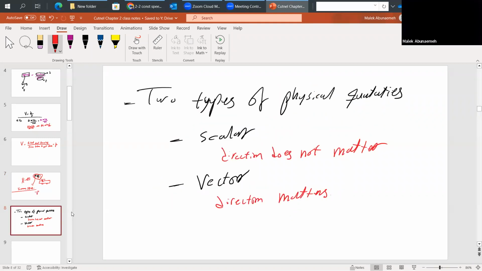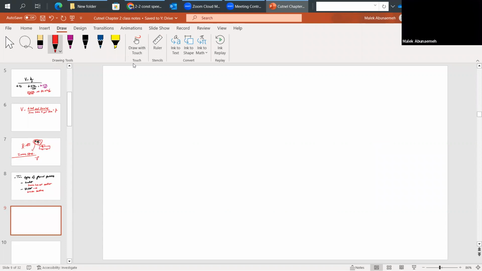This arrow indicates that it's a vector quantity. With your vector, the direction matters; with your scalar, the direction does not matter. Hence, that's the difference between your speed and velocity.